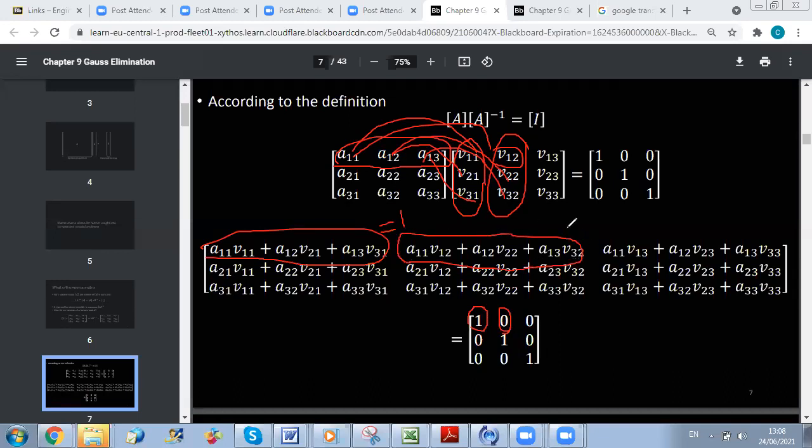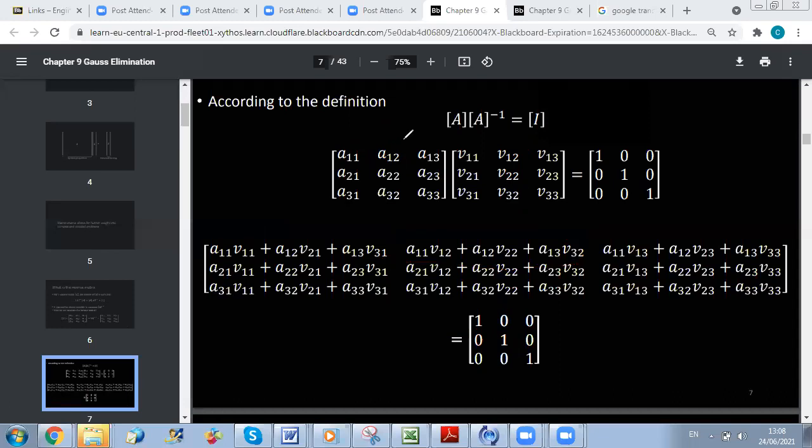This is my second equation. Similarly, for the third equation, I will have A11 times B13 plus A12 times B23 plus A13 times B33. This should be equal to 0.